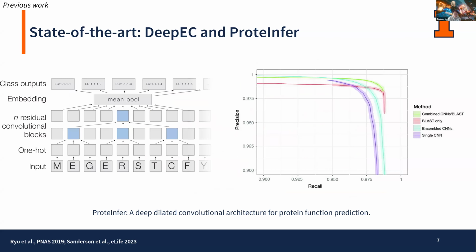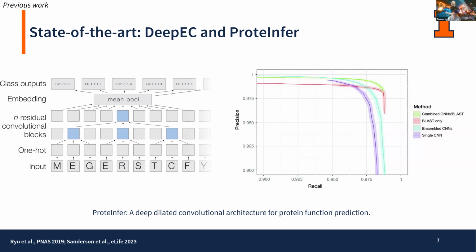Now, more recently, there is another work called ProteInfer. This was published by Sanderson and co-workers in 2023 in eLife. Essentially, ProteInfer is a dilated convolutional architecture for protein function prediction. The amino acids are also first one-hot encoded and then passed through a series of convolutions implemented with residual blocks.